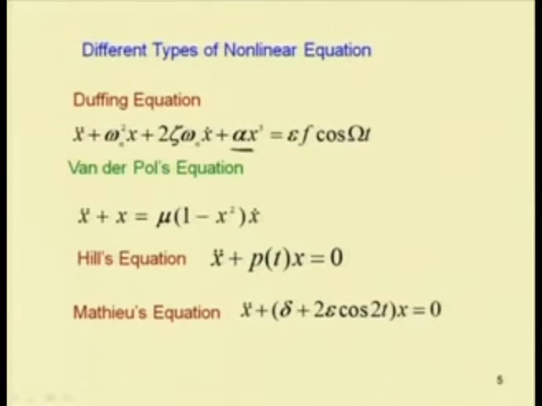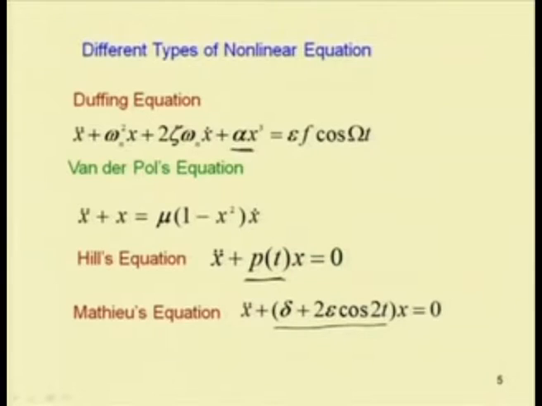Particularly in Hill's equation and the Mathieu equation, one can find a parameter which is the coefficient of x. In Hill's equation p(t) is the coefficient of x, and in the Mathieu equation delta plus 2 epsilon cos 2t is the coefficient of x, particularly the time varying term 2 epsilon cos 2t.